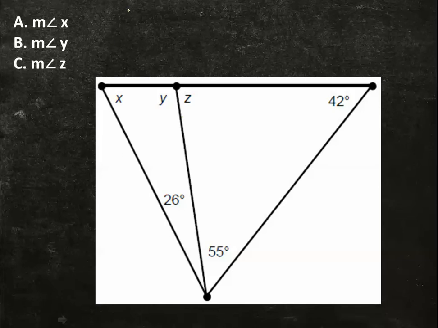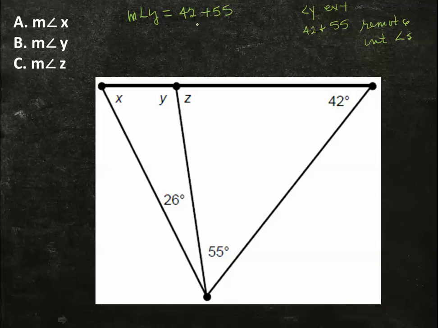The measure of angle Y will equal 42 plus 55. You see, because angle Y is exterior, and 42 and 55 are your remote interior angles. That's why I chose that.